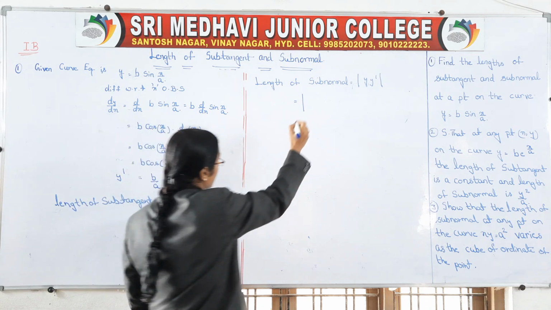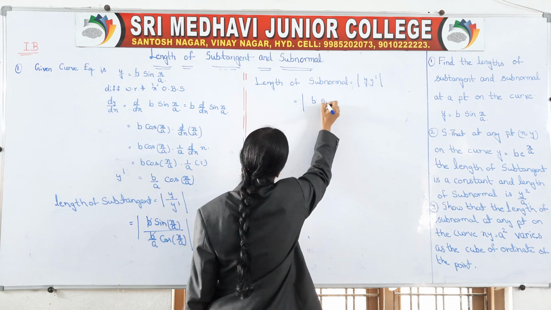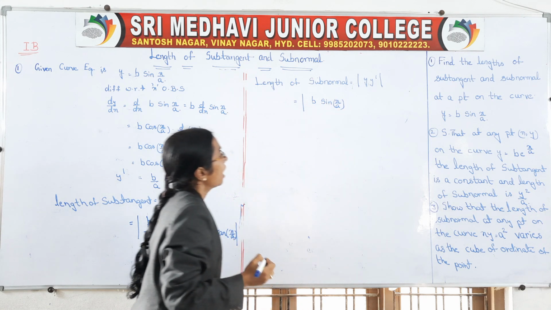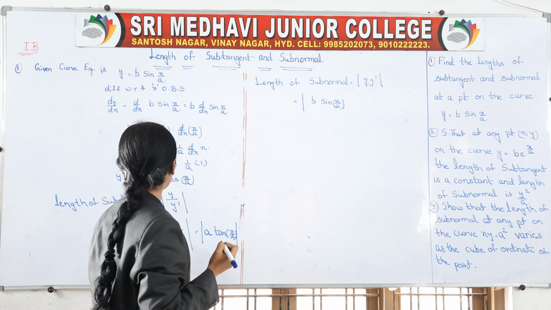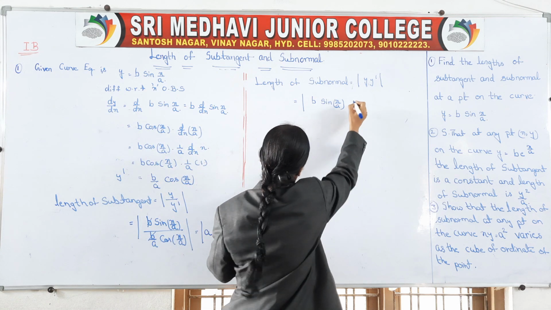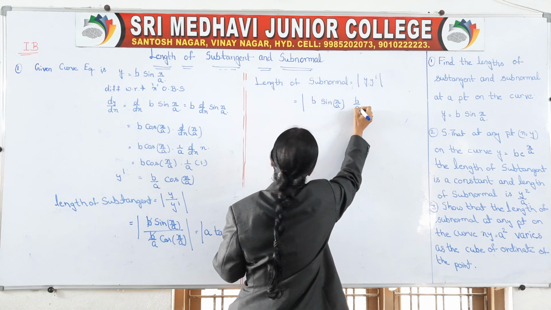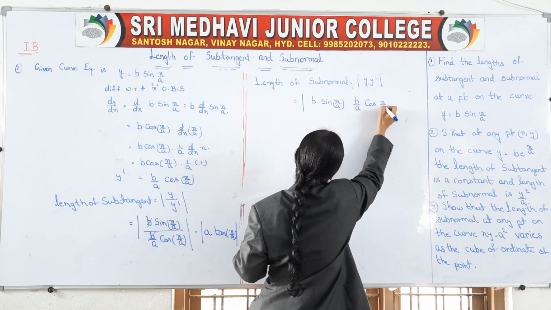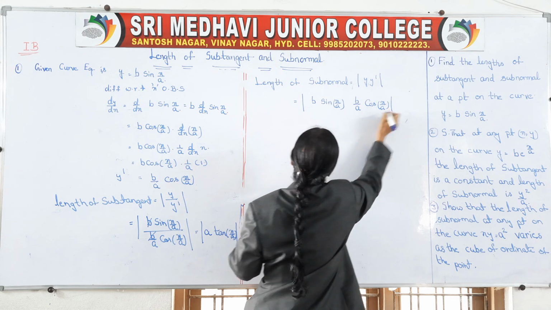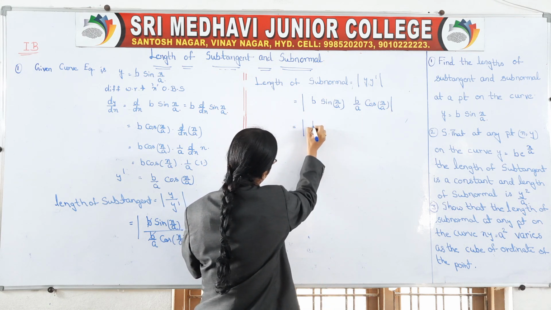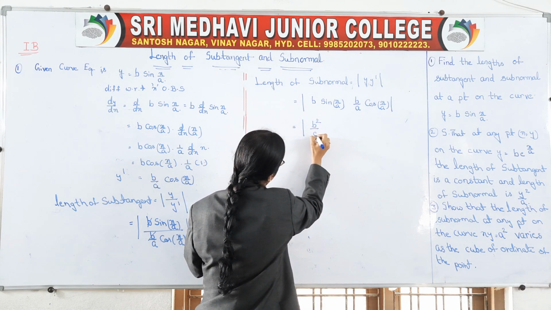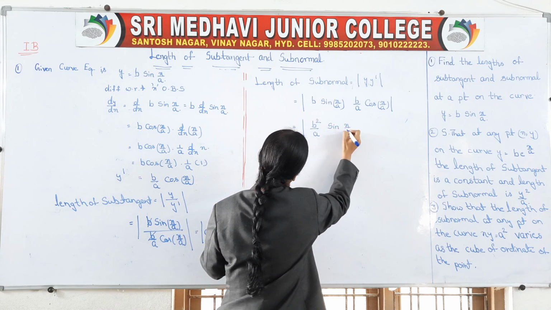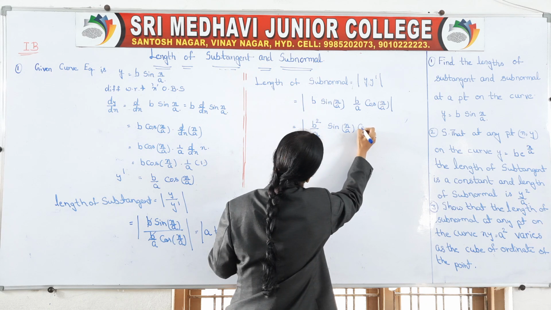It is given that b into sin x by a is your y, and y dash is b by a into cos of x by a. Okay, so it is equal to b into b square by a into sin of x by a into cos of x by a.